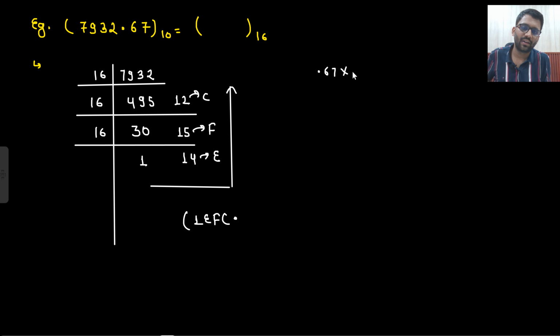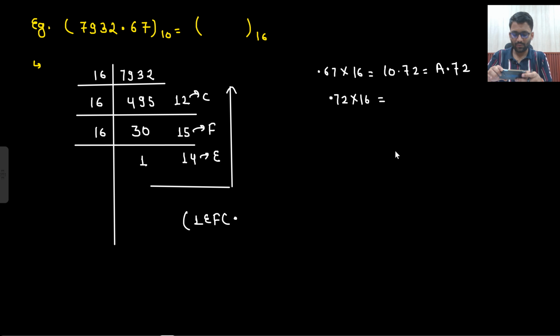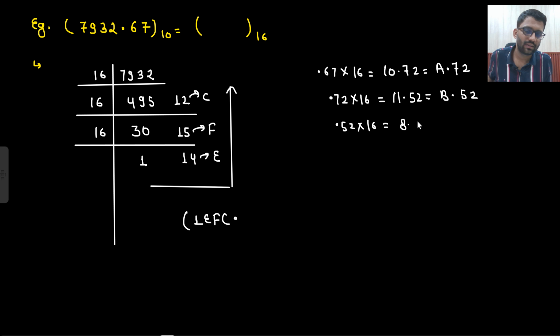So 0.67 into 16 is 10.72, and 10.72 will be written as A.72. 0.72 into 16 would be 11.52, and 11.52 will be written as B.52. 0.52 into 16 would be 8.32.